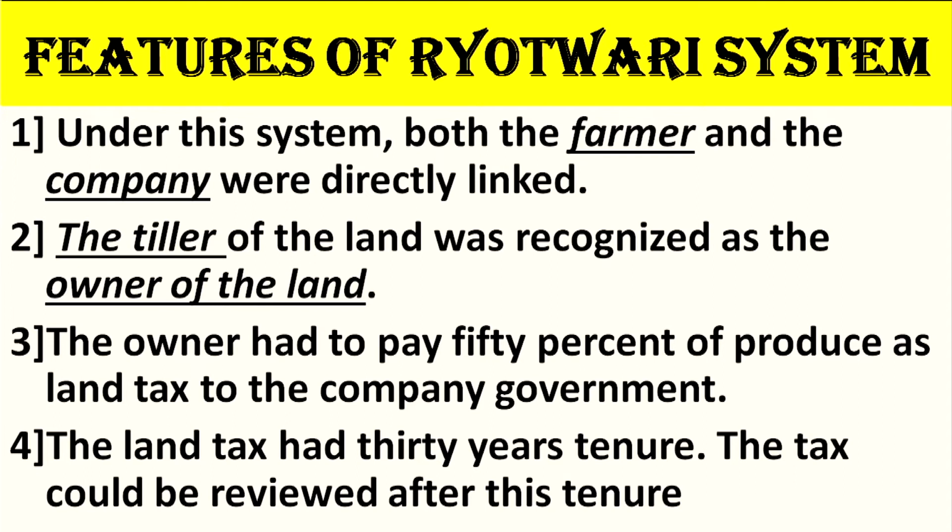Dear students, here are some features of the Ryotwari system. Under this system, both the farmer and the Company were directly linked. There were no arbitrators, no mediators in this system. It was directly linked between the British East India Company and the farmers.